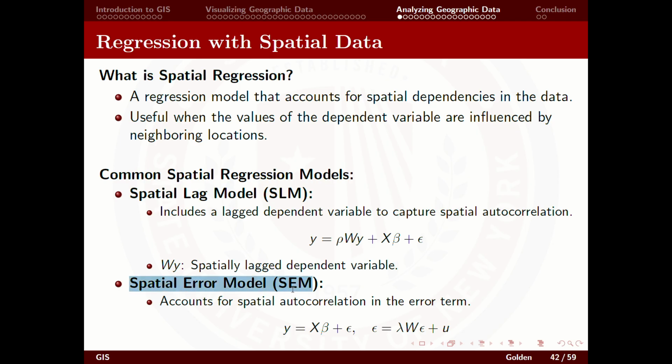You also can have a spatial error model which accounts for spatial correlation in the error term. So here you have a traditional regression, and then you have a geospatial lagged variable that's forming the autocorrelation. This is for dealing with a difference in error variance. So when you have autocorrelation, it can affect your error variance.